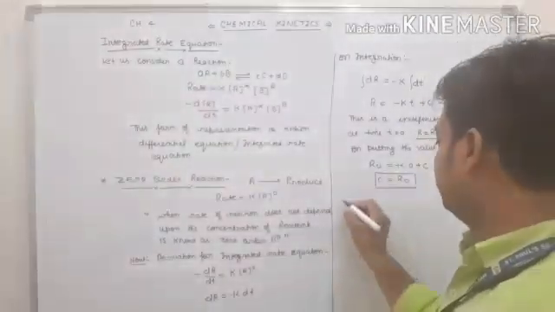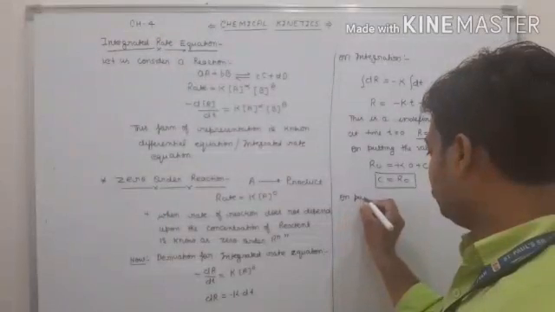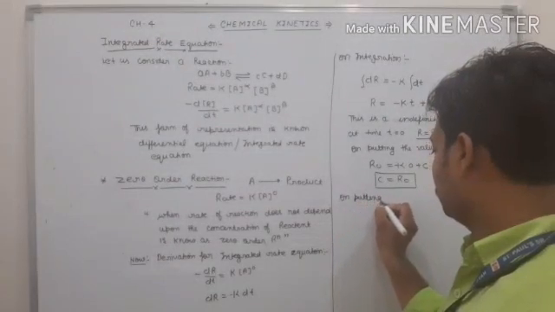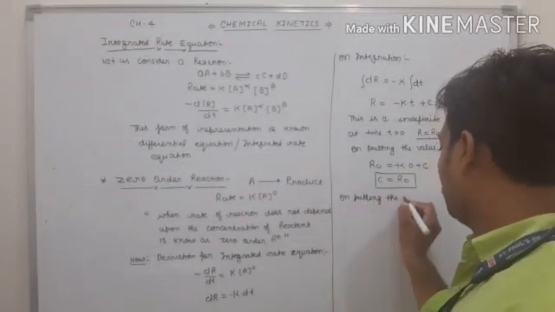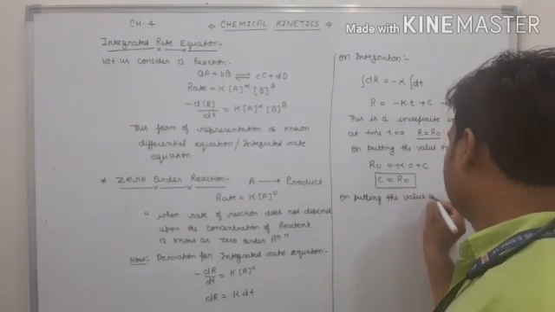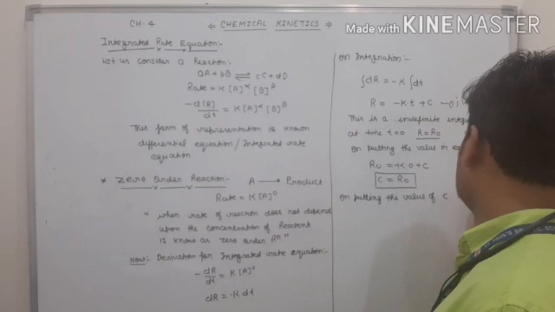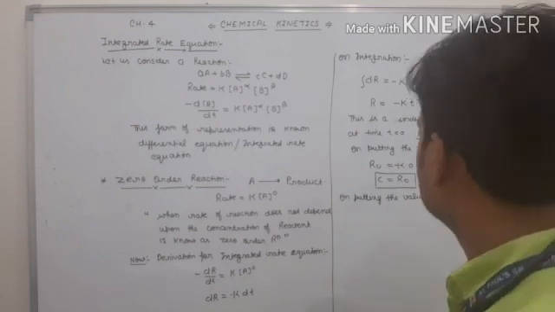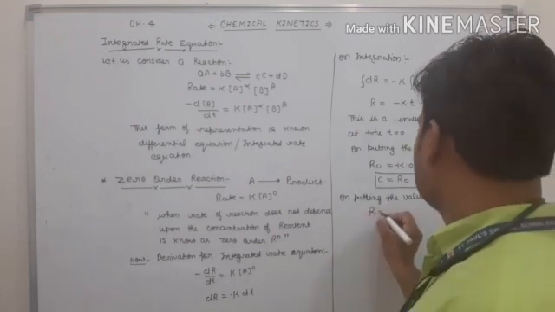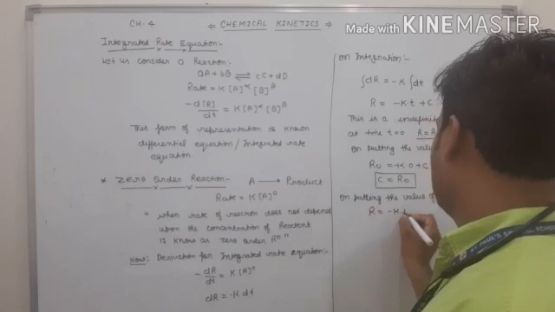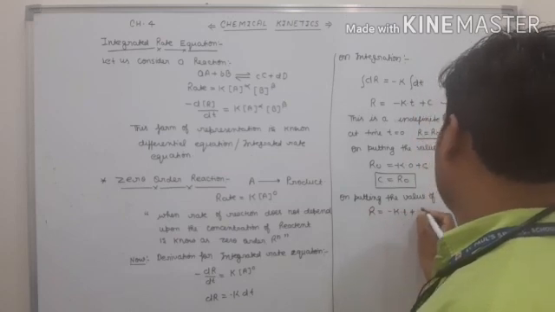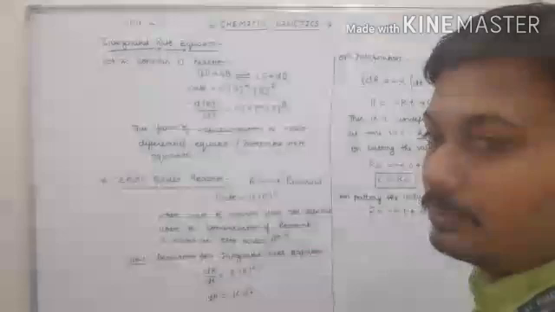On putting the value of C in equation first, R is equal to minus K into T plus R naught.